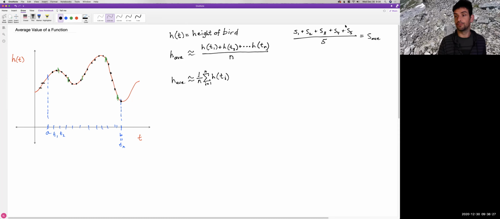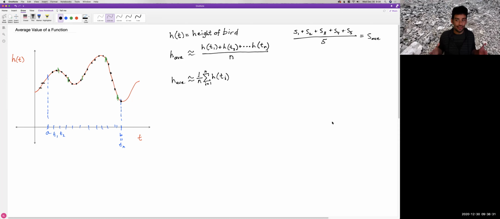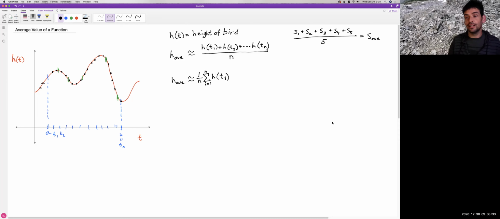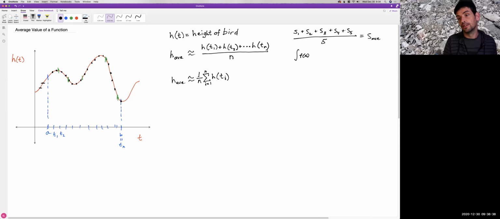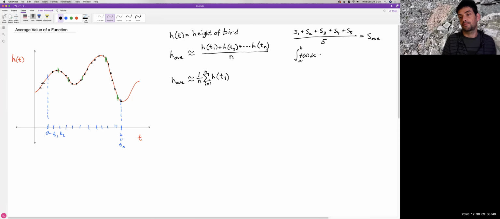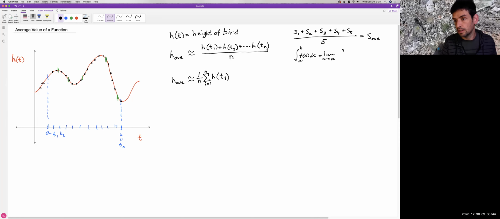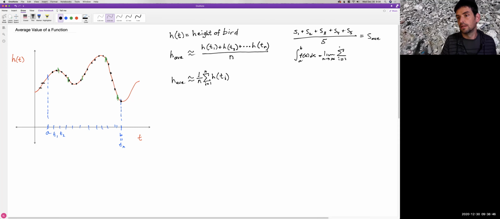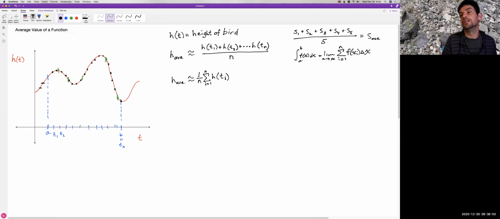Okay, that's the first part. That summation is starting to look like an integral, right? Remember our integral of a function, this is our definition of the integral.